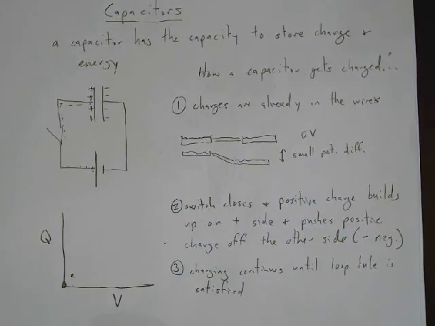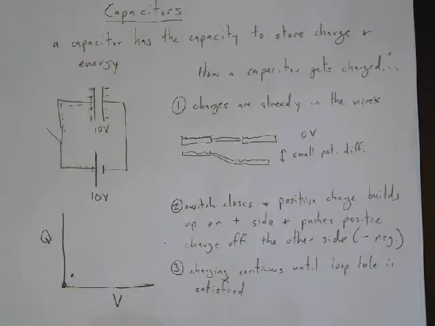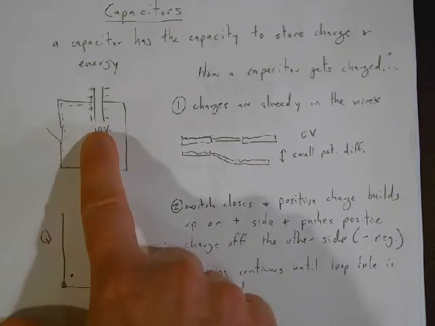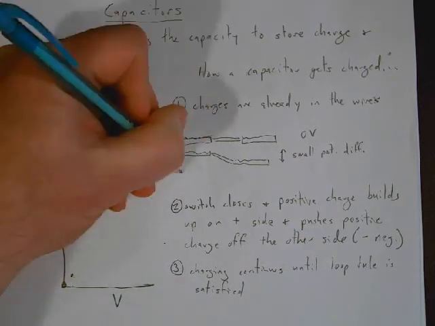So if this was 10 volts, you would also have 10 volts across your capacitor if the only thing in your circuit is a capacitor. Obviously if there's other stuff in your circuit, then that wouldn't be the case. How am I doing? Everybody with me so far?